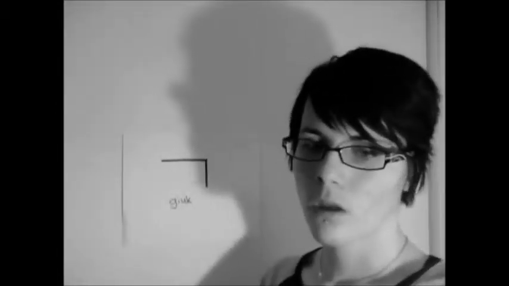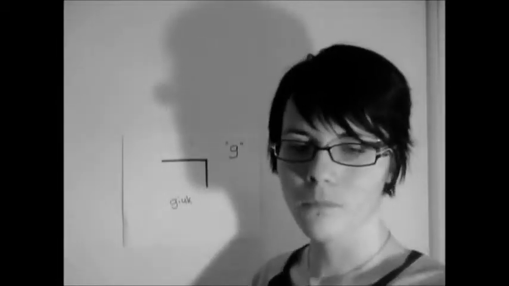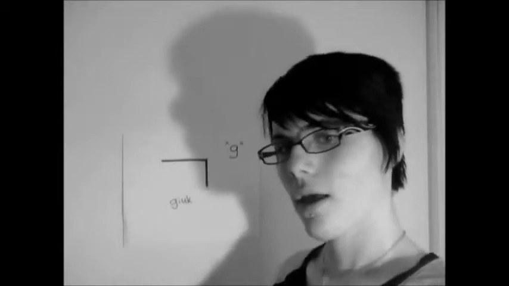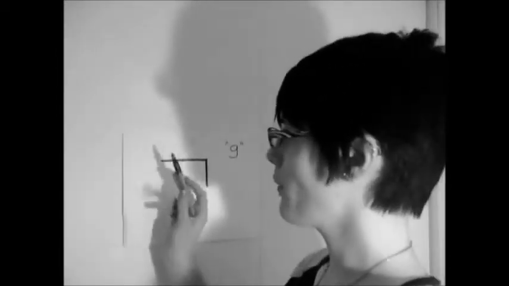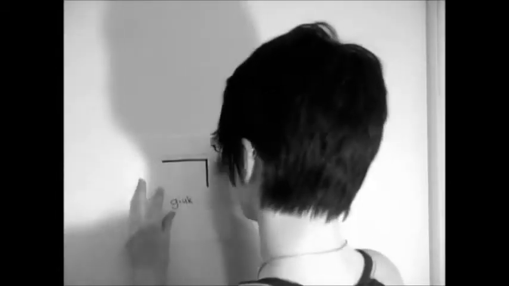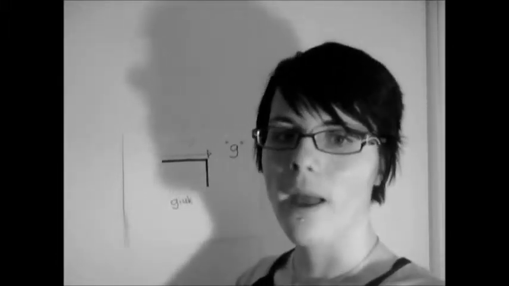The first letter we have here is called Giyeok. Now, when you spell it in Romanization, it's spelled like this. Giyeok says G. So the way you write Giyeok is you go from the left to the right, like that, and then you go down.